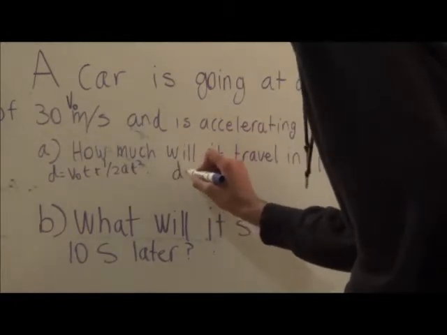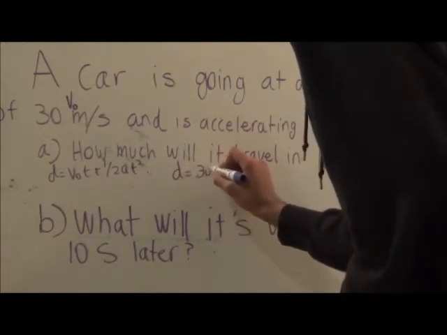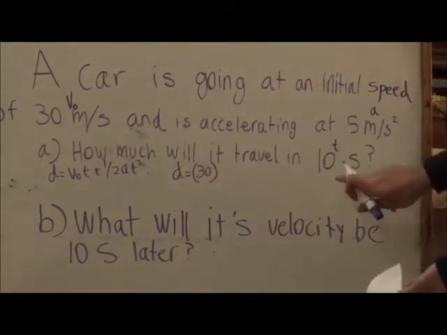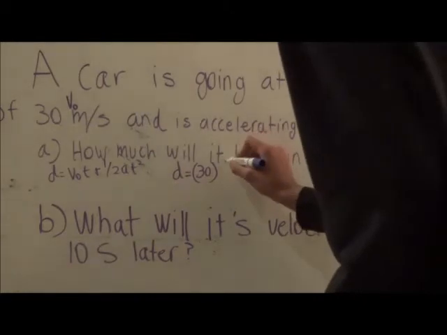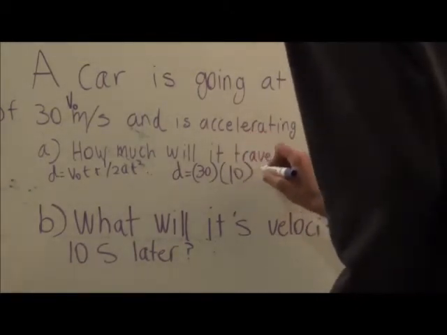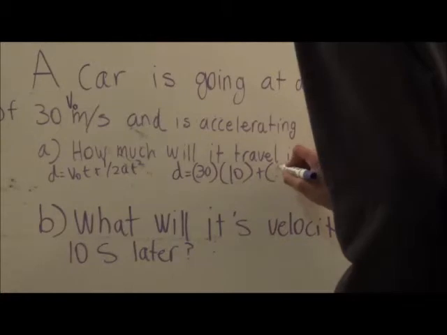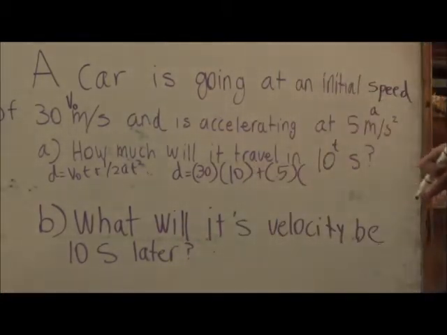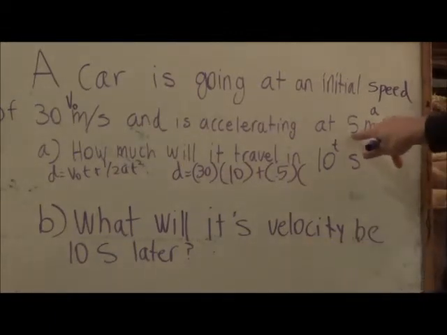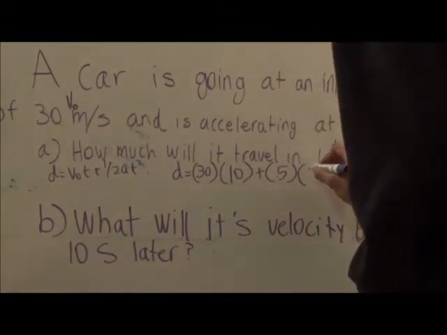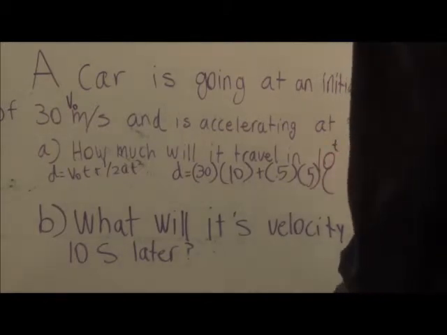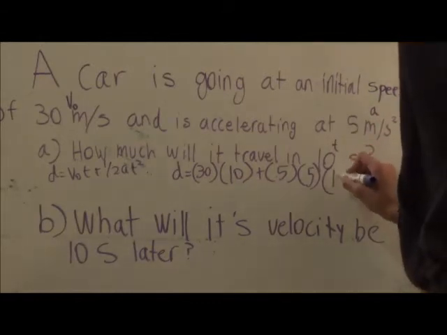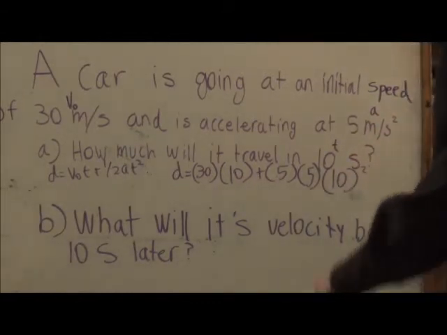So D is equal to 30 times T. T is 10, so I'll put 10 right here, plus half, or 0.5, times A. My A is 5 because that's my acceleration. So 5 times t squared, and my t is 10, so 10 squared.